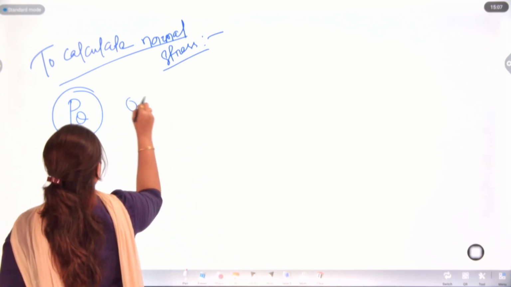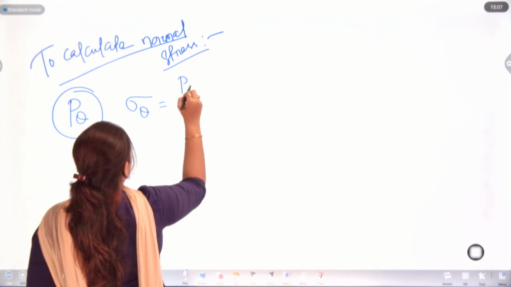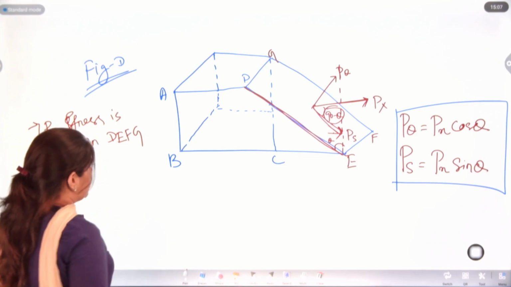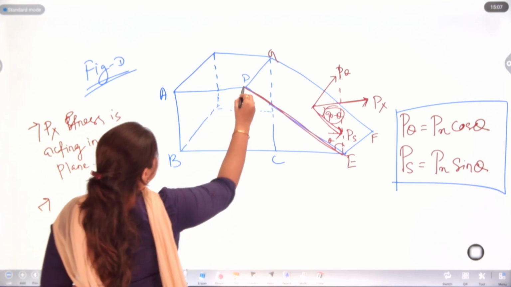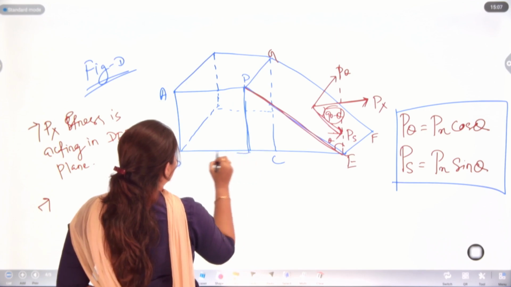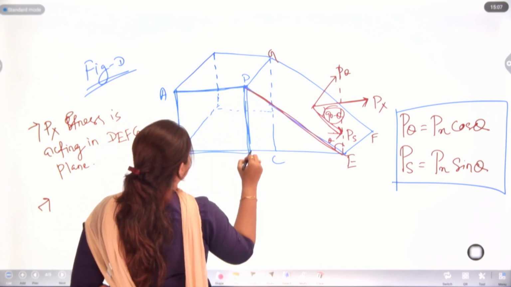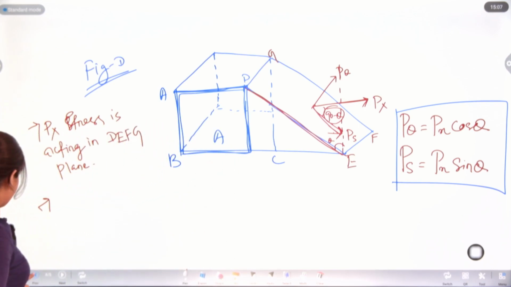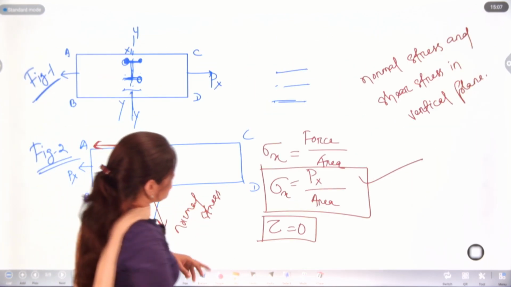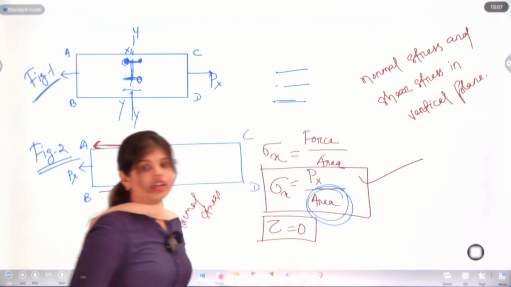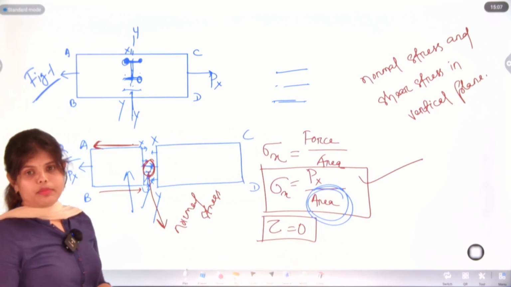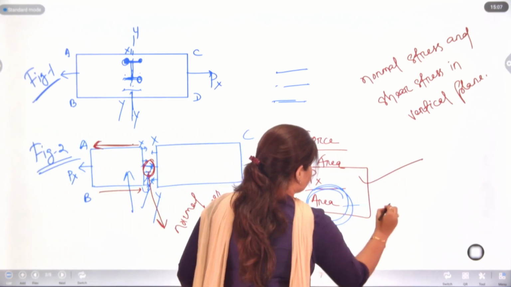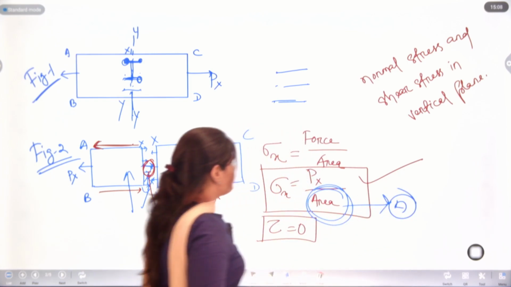So, the sigma theta will be P theta upon area. We have taken the area of this part as A, in the case where we calculated the stresses in the vertical plane. So, we have already taken this as area A.